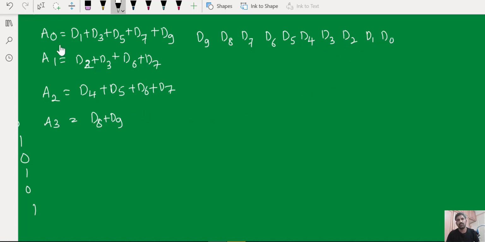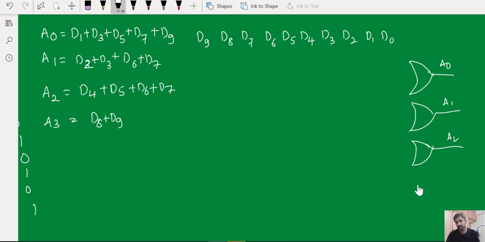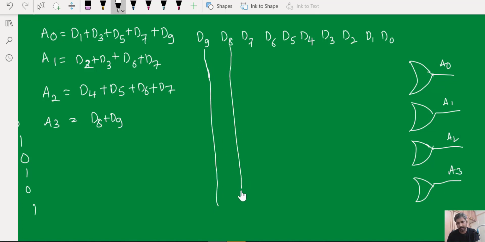I'm supposed to have 4 OR gates: one OR gate for A0, then A1, then A2, then A3. A3 will be D8 plus D9, so I can directly take it here and connect it to D8 and D9.